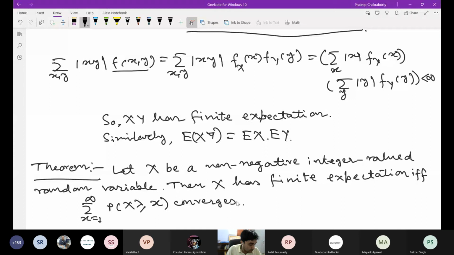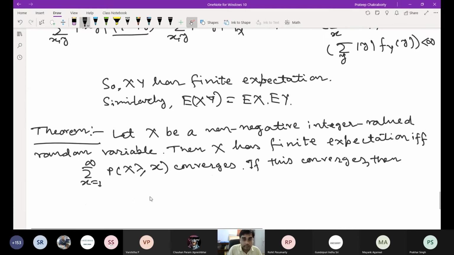And if this series converges, then EX is equal to summation x is equal to 1 to infinity of P of X greater equal to x. This is not very difficult to prove.